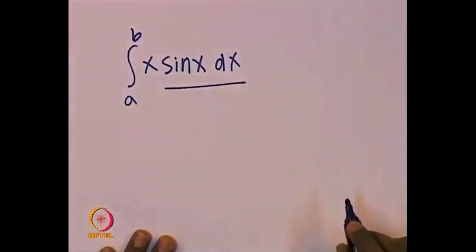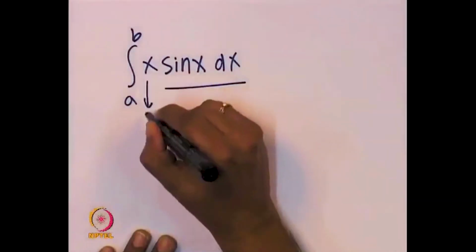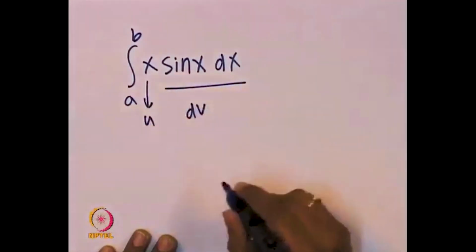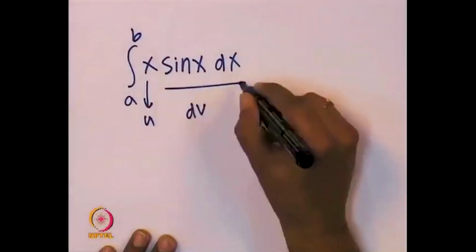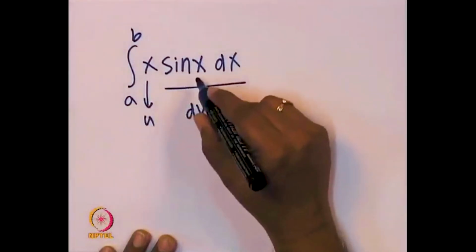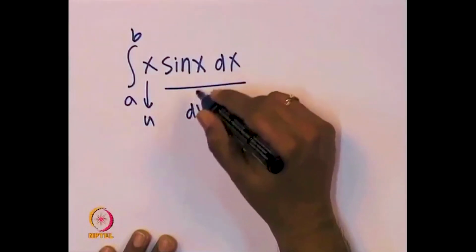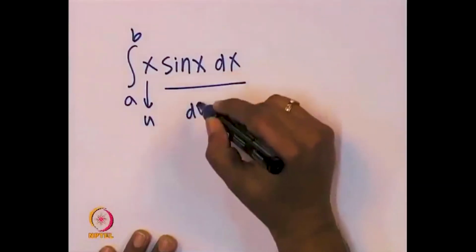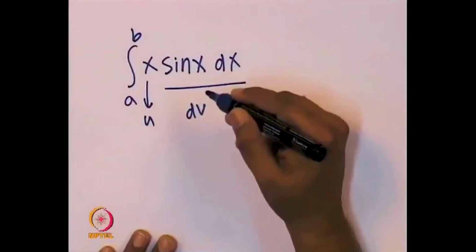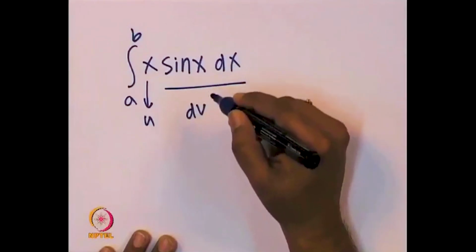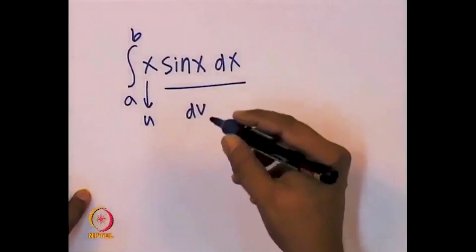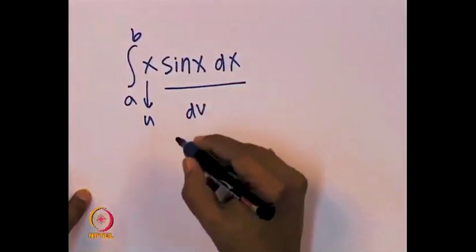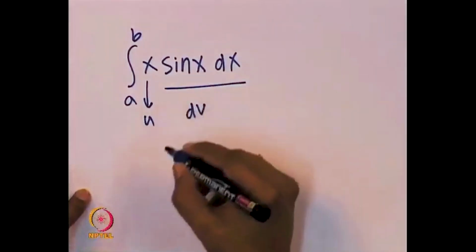You can think of x as u and sin x dx as dv. So, this is like integral u dv. If this is dv, the integral of sin x, that is v, is cos x. Actually it is minus cos x, so we will put a minus sign.